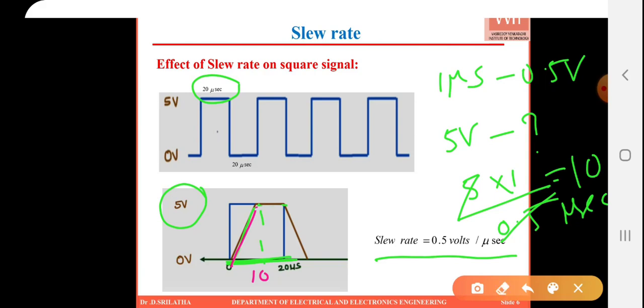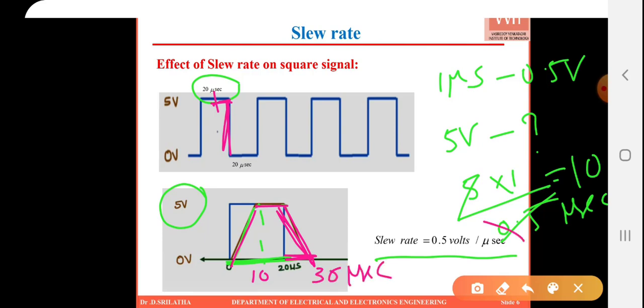Here the output remains constant from 10 to 20 microseconds, because from 10 to 20 microseconds the input also remains constant. Thereafter the input falls down from 5 to 0 volts. Again the change in voltage is 5 volts. So hence the output will change from 5 volts to 0 volts within another 10 microseconds. That is, it will be 30 microseconds.